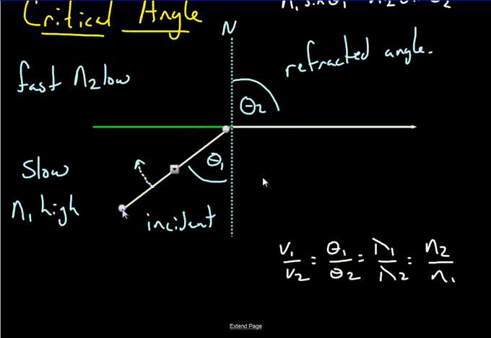As this increases, eventually we get to a point where theta 2 becomes 90 degrees. Are you with me? The incident angle at which theta 2 becomes 90 degrees is called the critical angle.